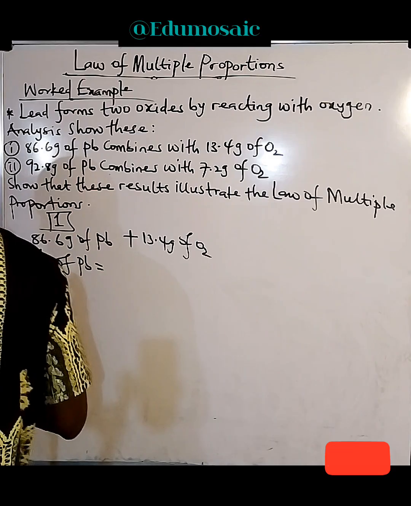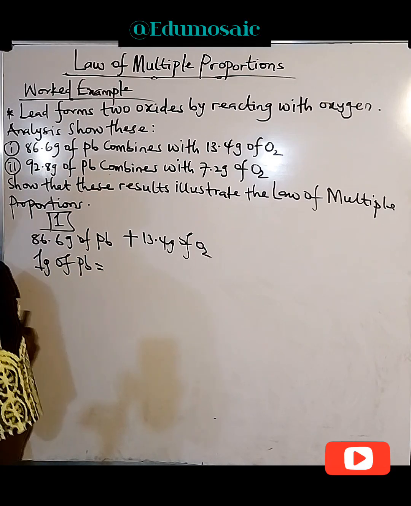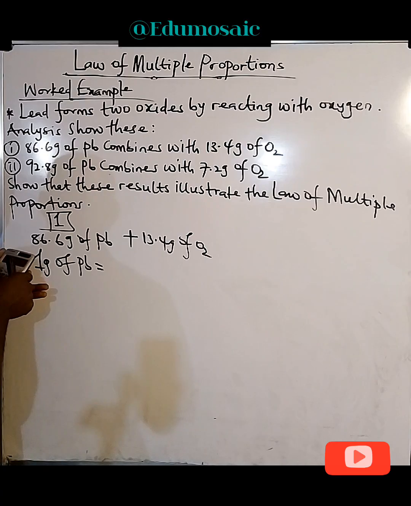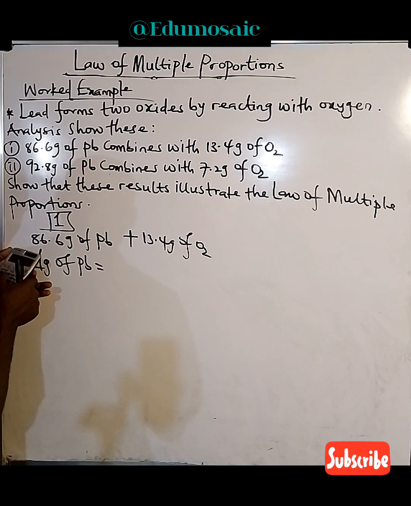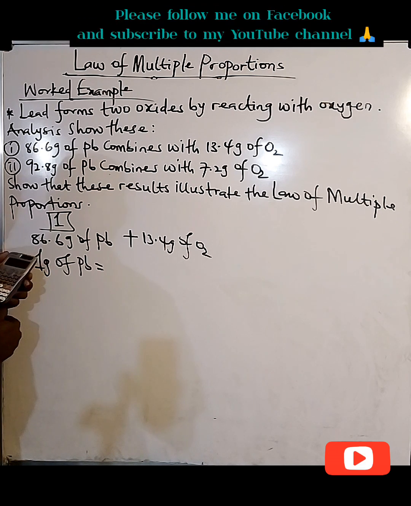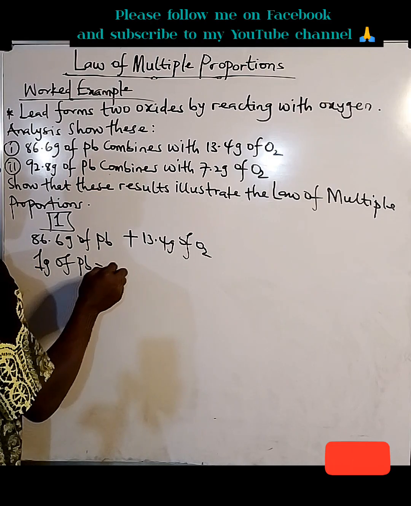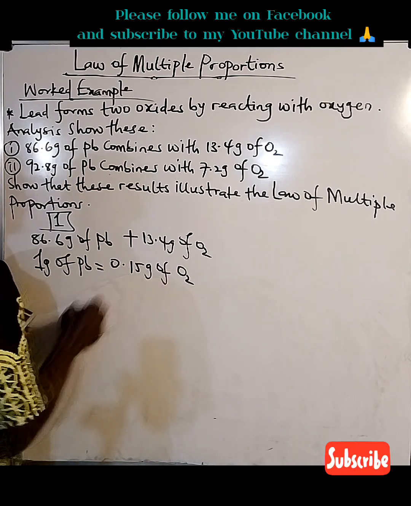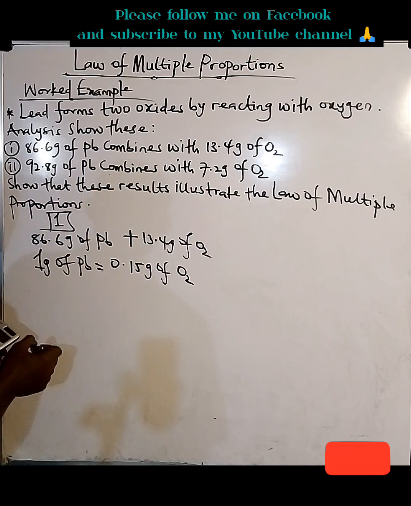Let's quickly solve that. That's going to be X, that's 13.4 divided by 86.6. That will give us 0.1547, so 0.15 gram of oxygen. Let's approximate that to 2 decimal places.